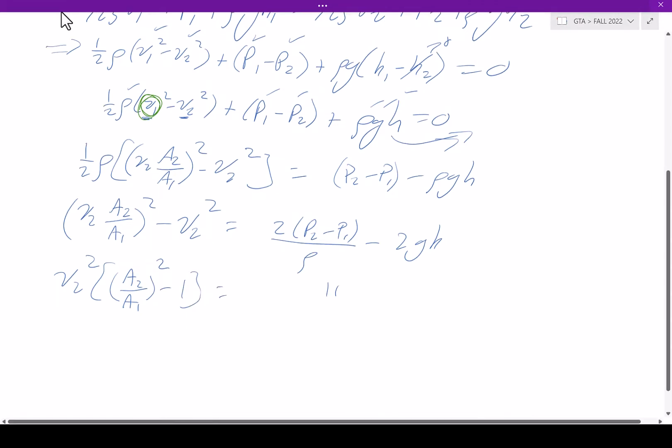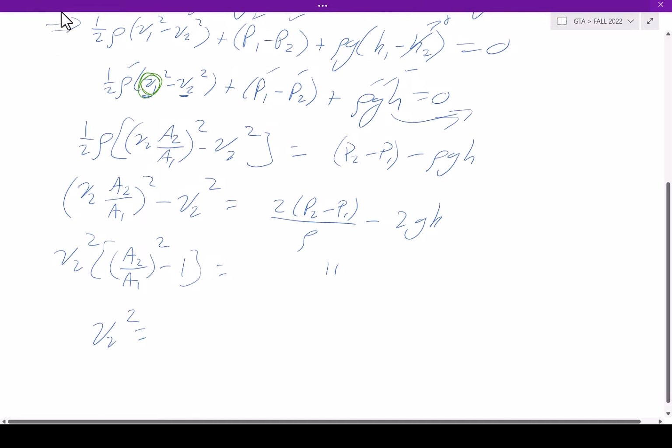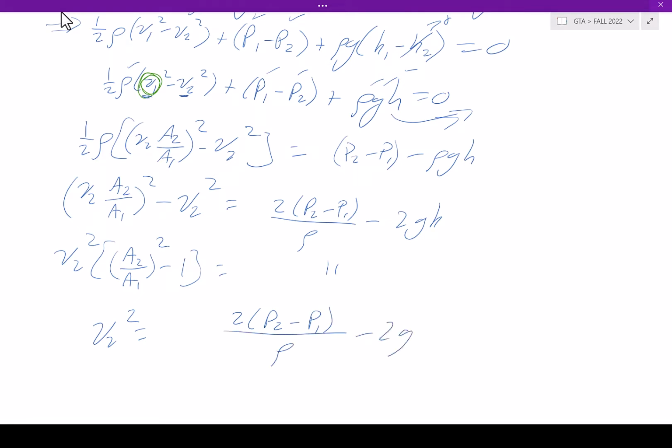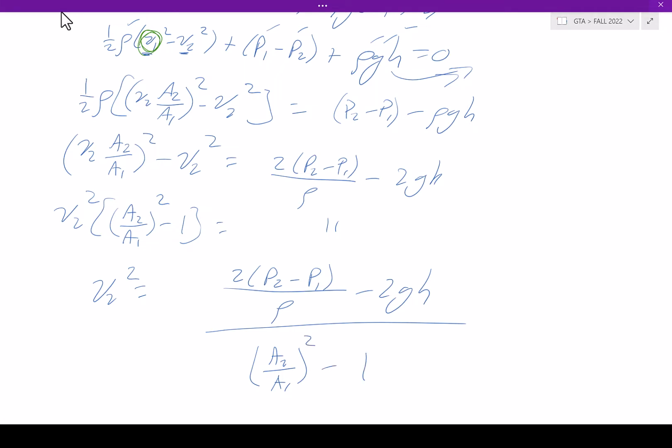So V2 squared is equal to 2 times (P2 minus P1 over rho minus GH) all over (A2 over A1, squared, minus 1). And then finally all this stuff is taken to the 1/2.